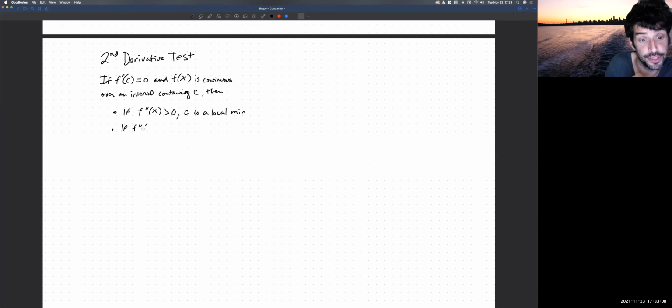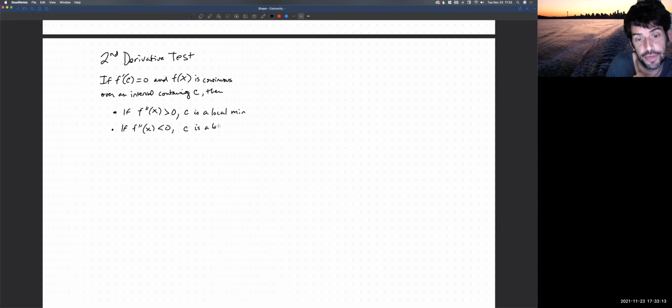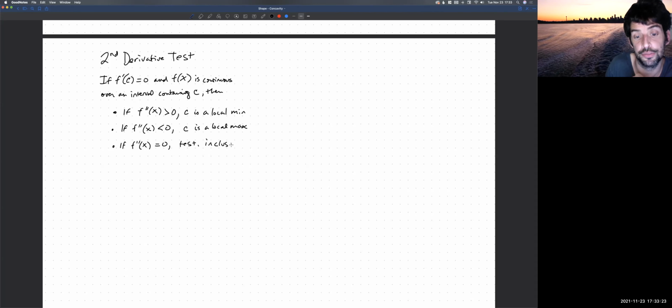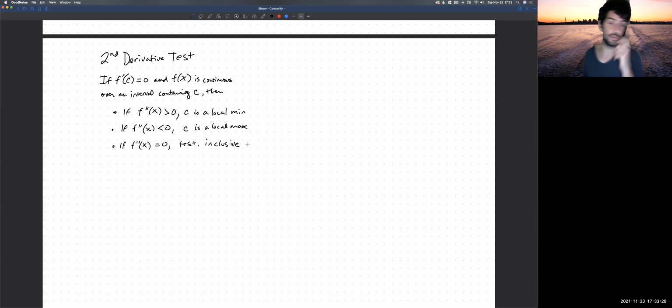If the second derivative is less than 0, c is a local maximum. And if f double prime of x is equal to 0, the test is inconclusive and you have to do something else. It could be neither, or it could still be one of them. You have to do some other kind of test, right?